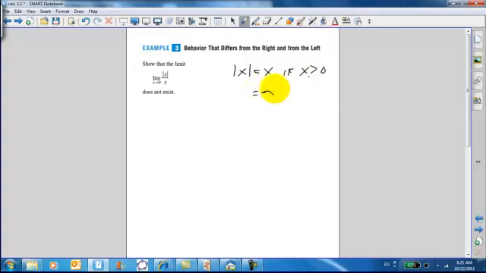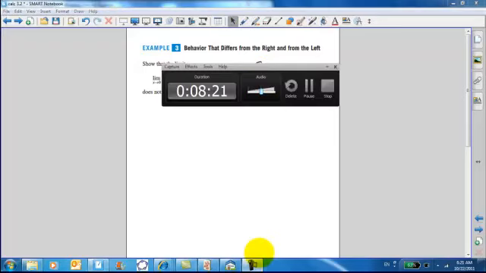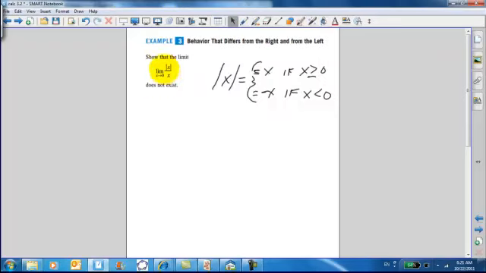It equals the opposite of x if x is less than 0. So it's a piecewise definition. We have to think of it in two parts. So our function here, f of x equal to the absolute value of x over x, will also split up into two parts.